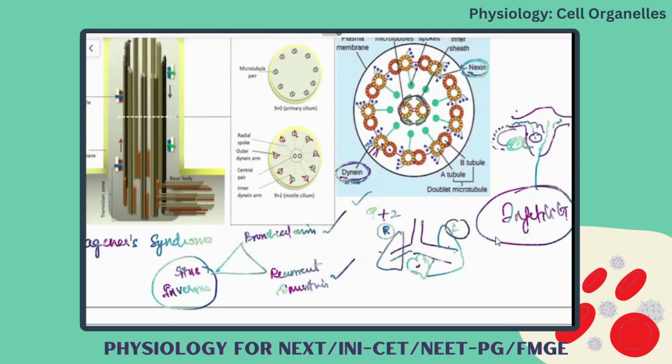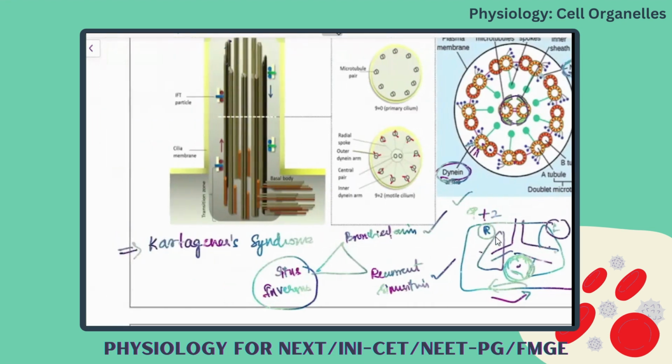In situs inversus, the structures of the thoracic cavity are sitting in an inverse manner, like a mirror image. So the right side and the left side are inversed. If you see the mirror image, the right and left sides of the heart are located inversely.